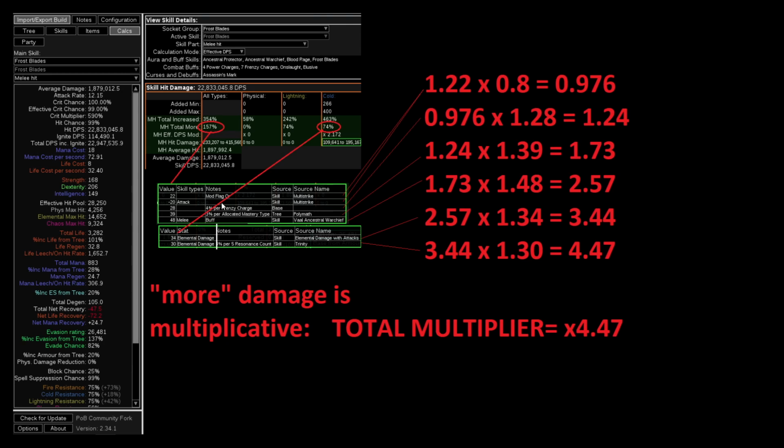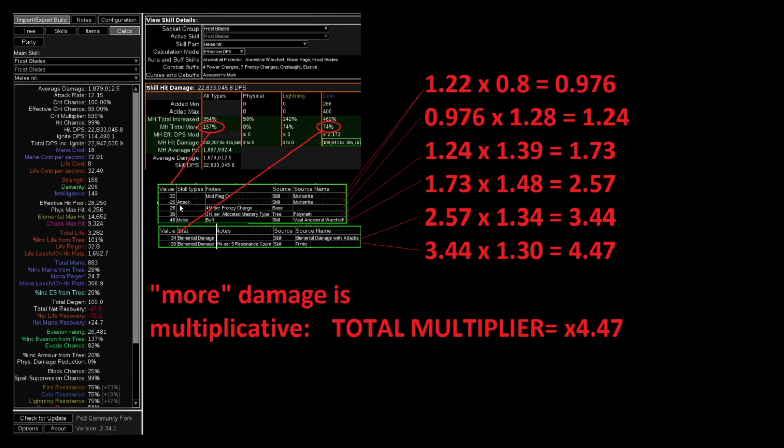Okay, so if you look at multi-strike, polymath, frenzy charges, war chief, and then Trinity and LE damage with attacks support gems here, these numbers all get multiplied together here like this. You don't just add these numbers up. You have to multiply them. That's why more damage is so strong, because it's all multiplicative with each other.